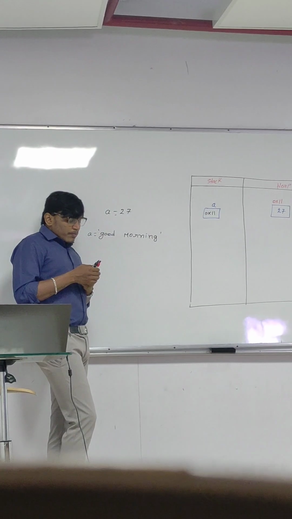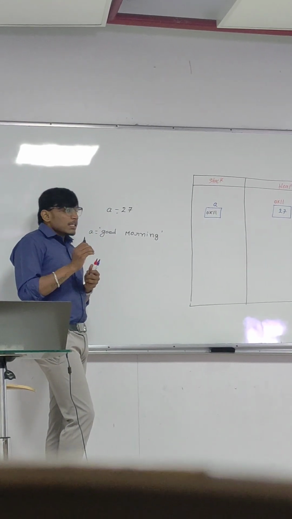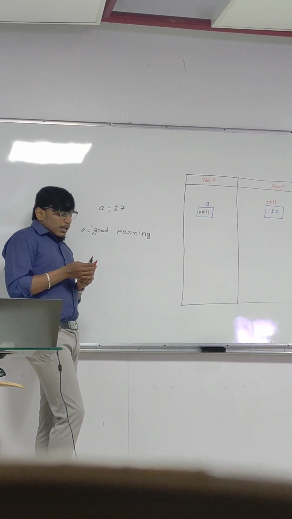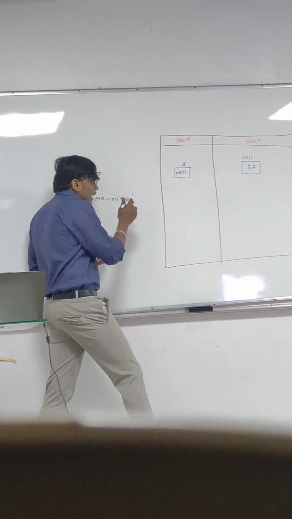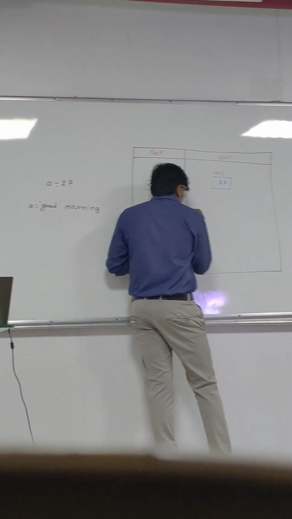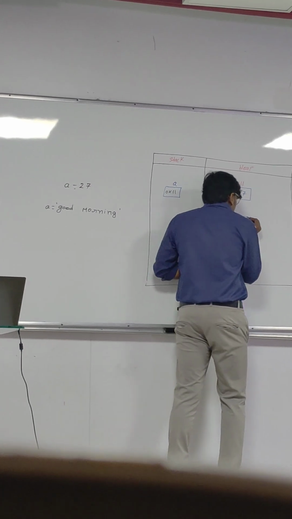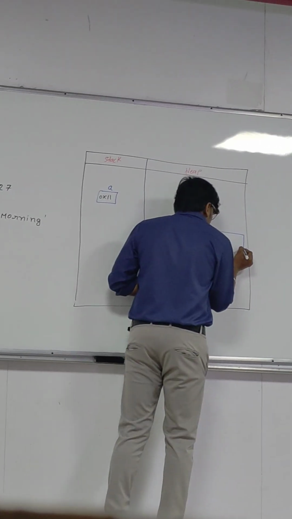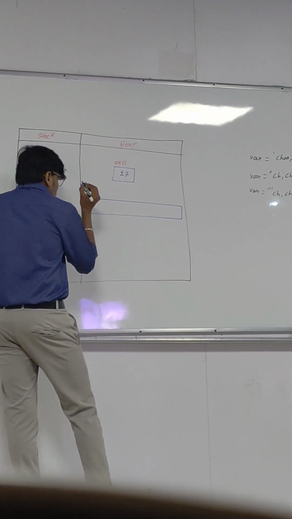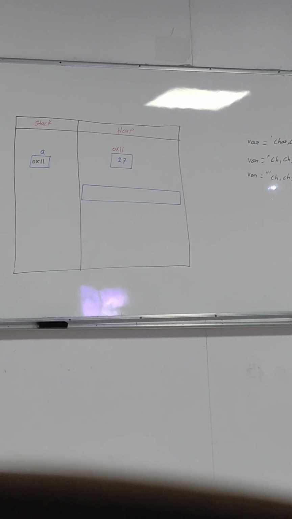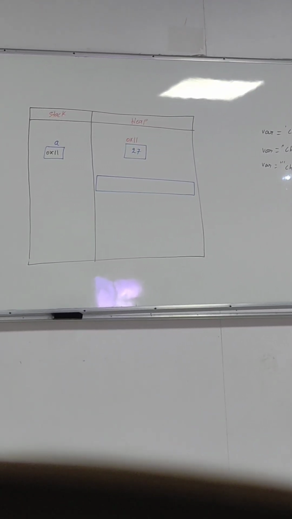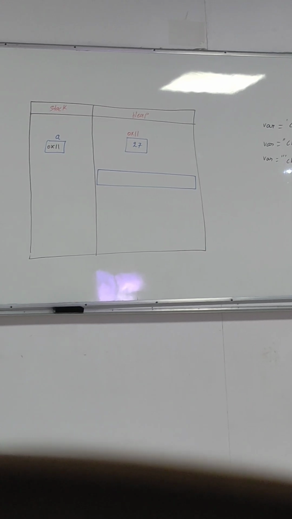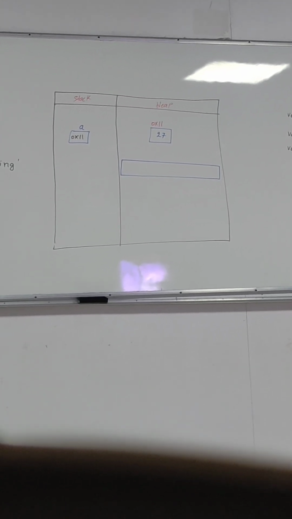No. So, as soon as the controller sees a collection, if it gets to know that the value is a collection, what will it do? It will create a layer of memory, and it will divide that memory layer into small memory blocks.